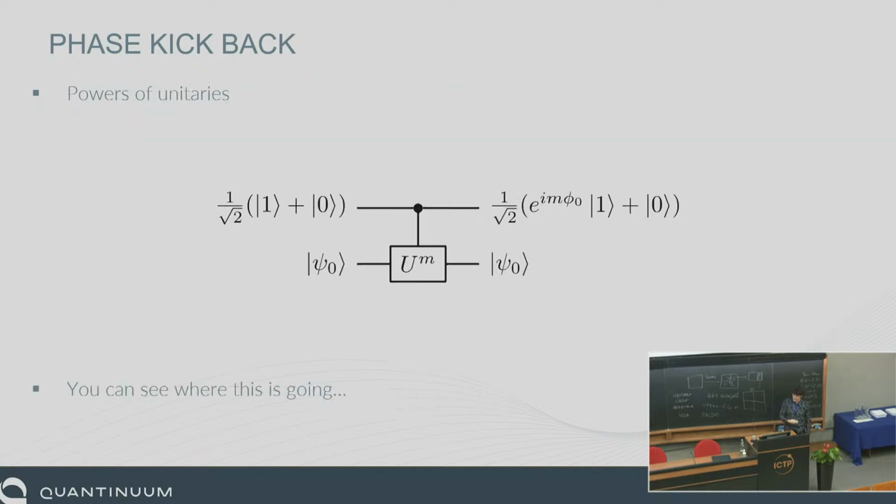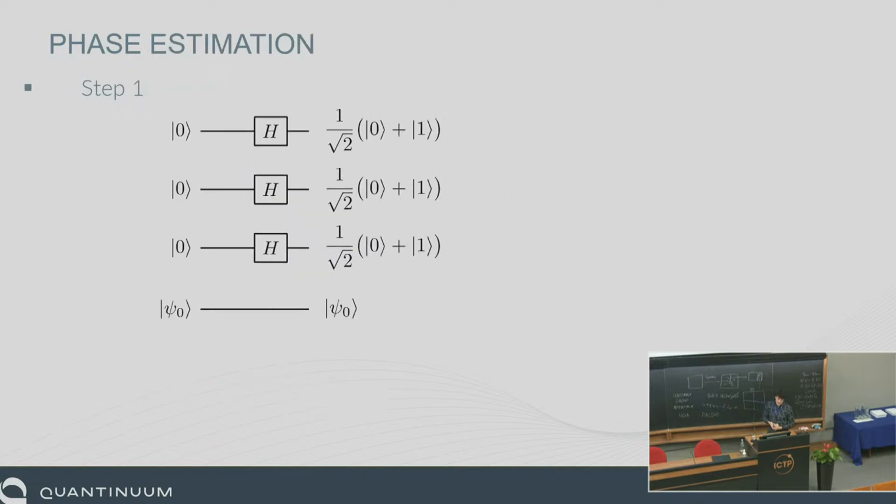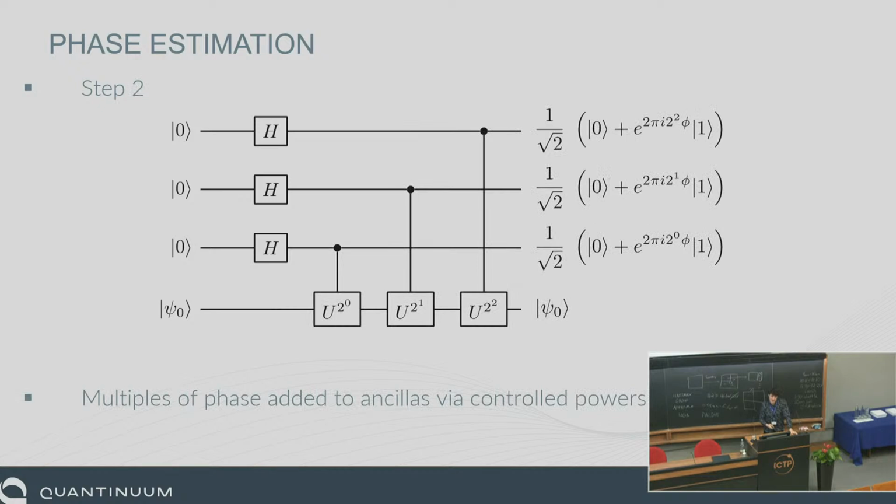Okay, and as we noticed, there were powers of phases in the input state of the inverse quantum Fourier transform, I should say. We did that by applying powers of U to the m. So you can now see, let's have a look at this example. We apply the Hadamard to the first one, and then we apply these powers of controlled unitaries, and then we end up with these powers of controlled phases.